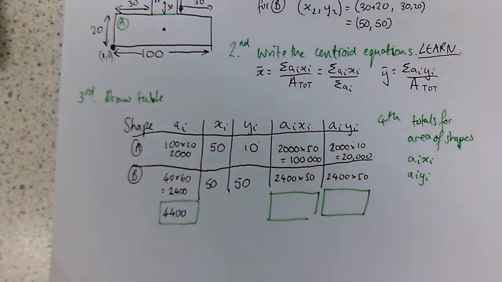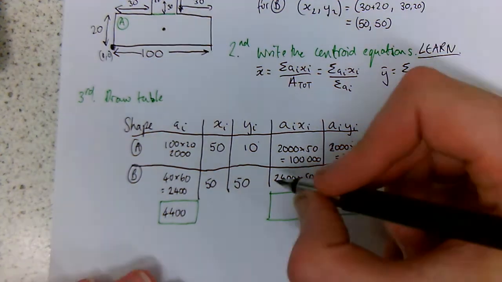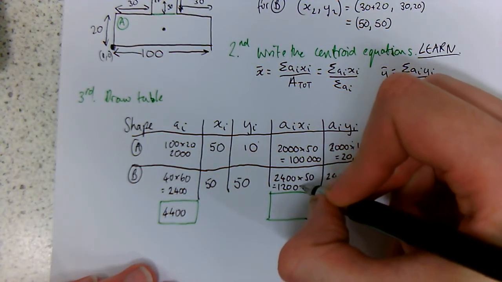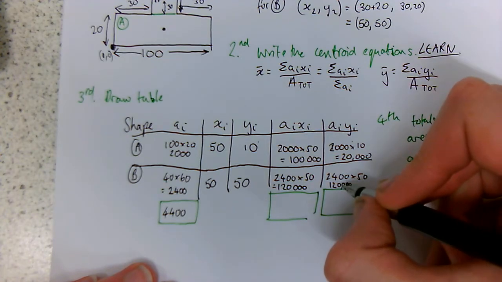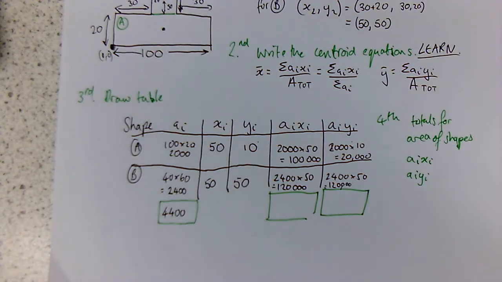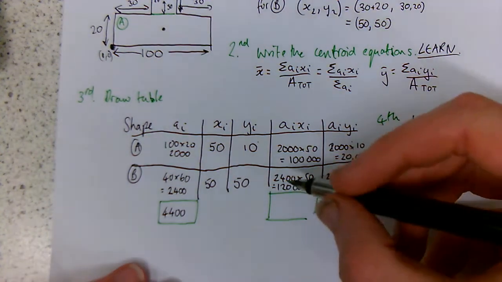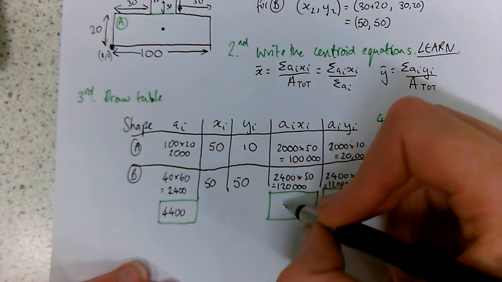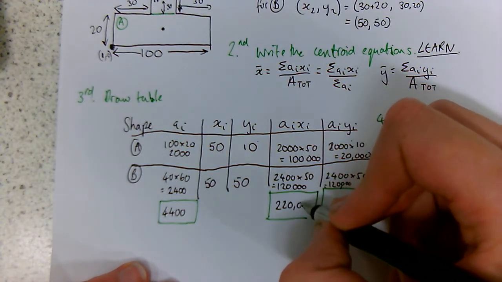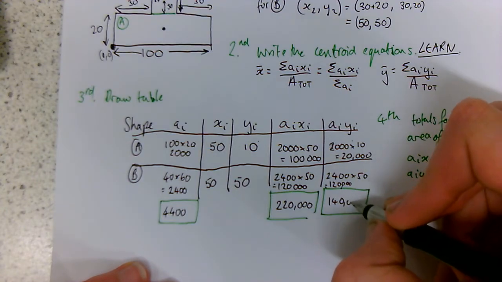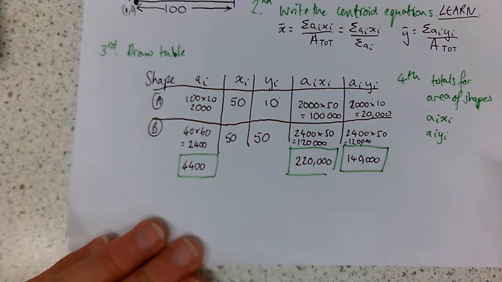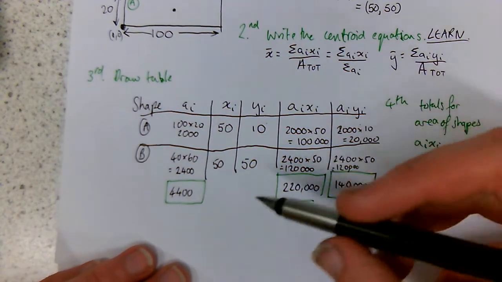This one we need to work out, 2,400 times 50 gives us 120,000. We need the total there, that is 220,000. Total of this one is 140,000.